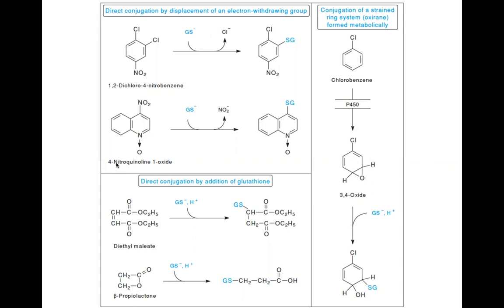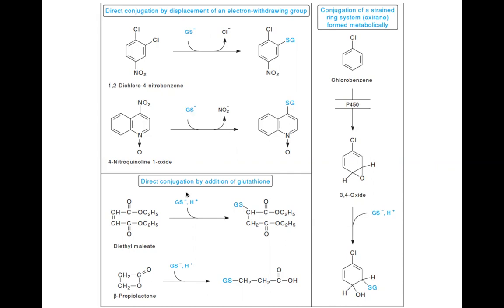So for example, there is a 4-nitroquinoline 1-oxide here on the left. So this nitro group will be displaced by the GS minus, so that this position will be displaced by the GS.